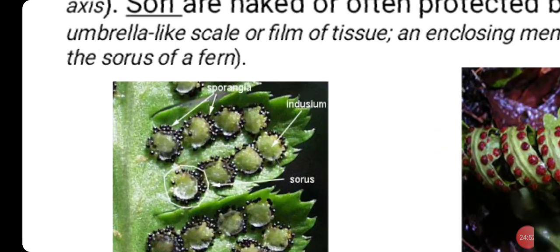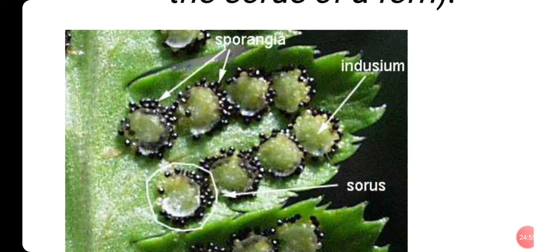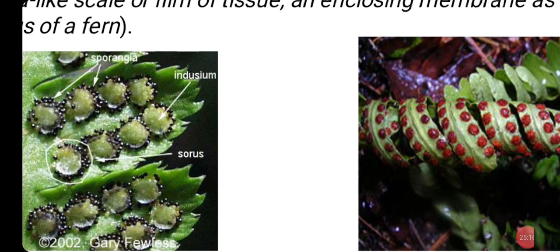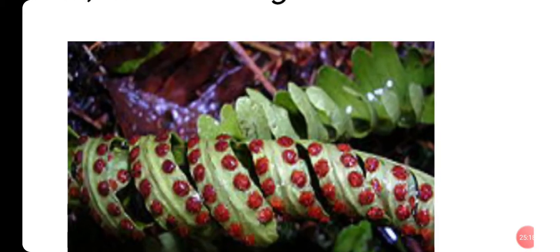Even in this diagram, around the leaf, you have the sorus, and on top of the sorus, you can see the small structures. The black ones are what we call the spore-bearing structures, the sporangia. They release the spores. Same in the other diagram.